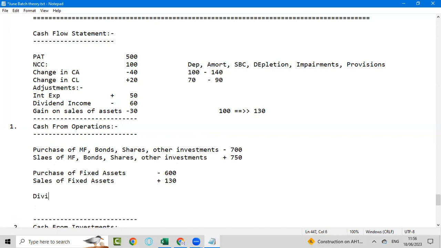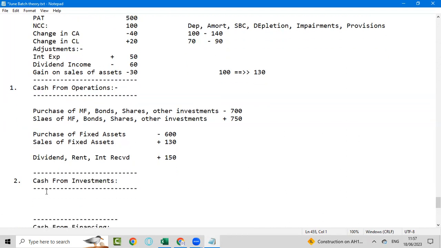Then dividend, rent, interest received, because these are your investing activities. So plus whatever amount, 150. You will get cash from investments.